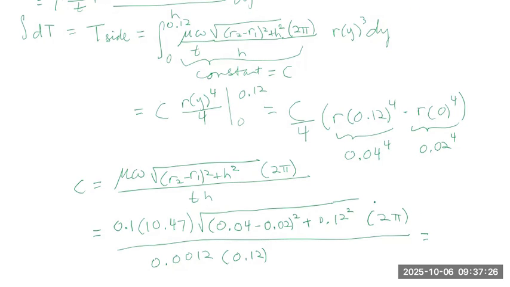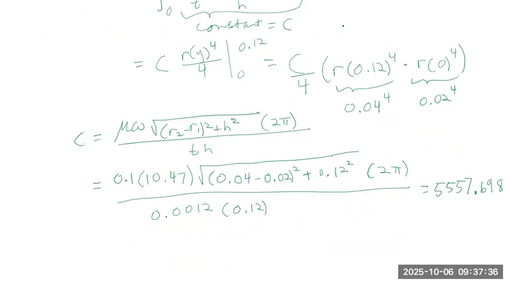So calculating this, we get that it's equal to 5557.698. And what about the portion without the C? This portion over here, we calculate it to be 0.04 to the power of 4 minus 0.02 to the power of 4, divided by 4.